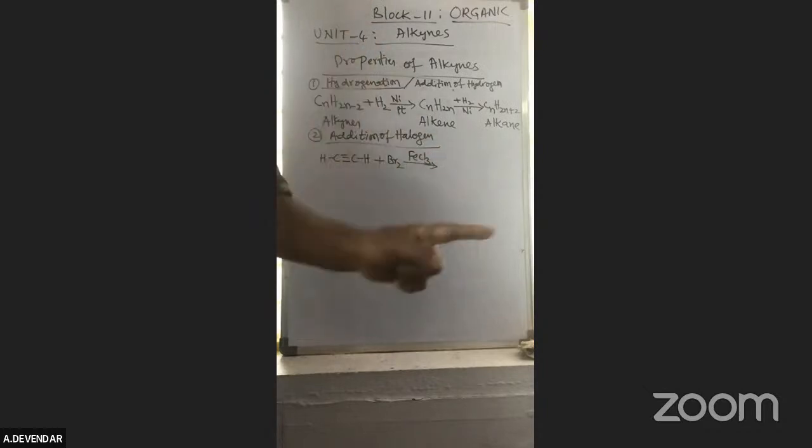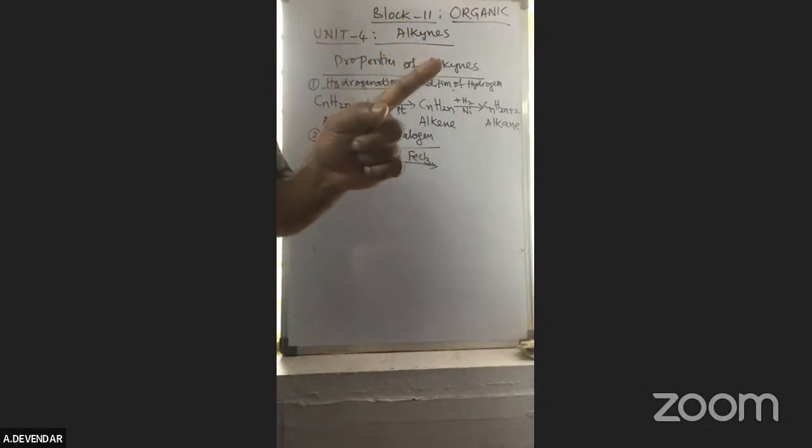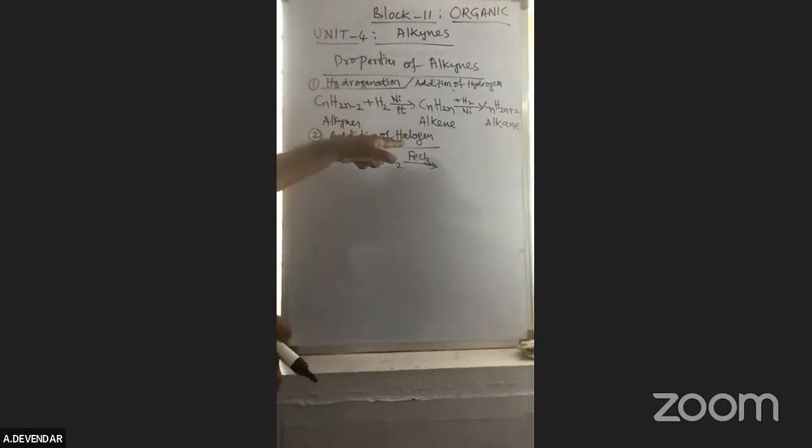But in dehalogenation, you use zinc dust as the reagent. Here, in addition of halogen, you are adding bromine. It does not add easily, only in the presence of ferric chloride. This ferric chloride is a reagent.